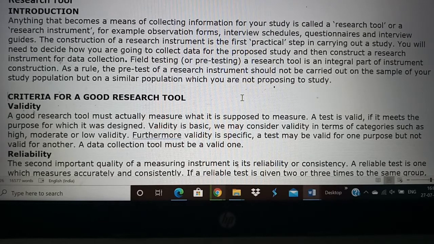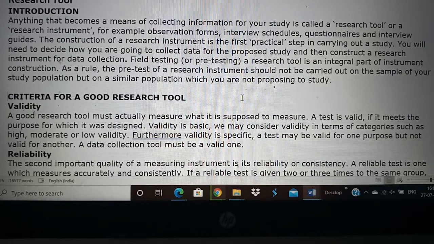Then interview, having an interview with the patient or your research subject. The research subject could be a health worker, a teacher, a patient, a doctor, whoever it is. If you interview the people who are your samples, then that is one research tool which you can use for data collection.